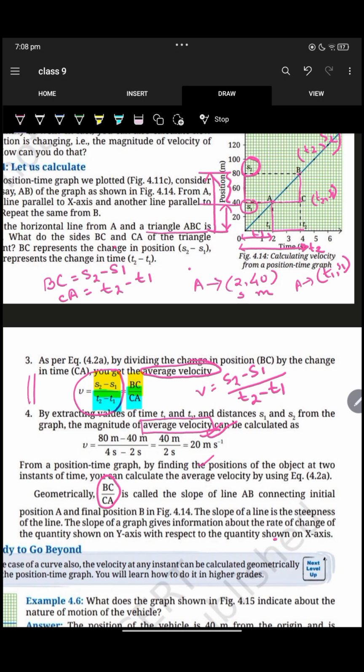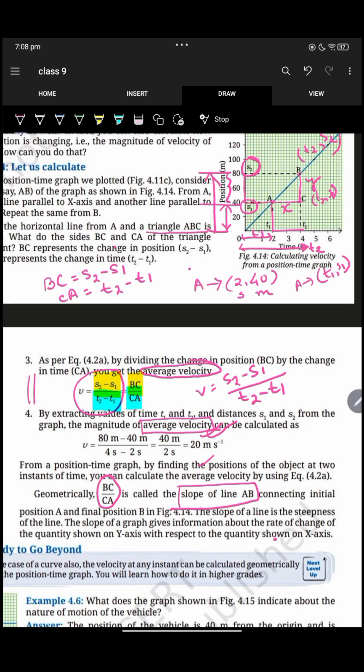Now geometrically, BC is the line parallel to the y-axis, and CA is the line parallel to the x-axis. This is geometrically the slope of the line AB.